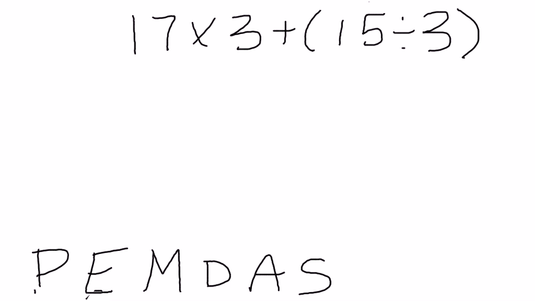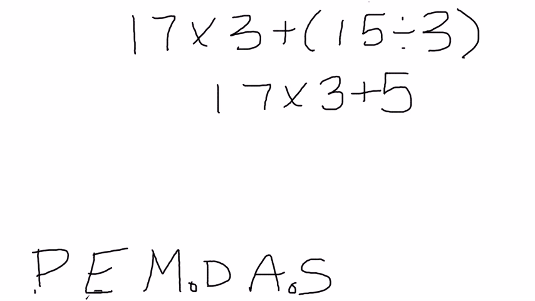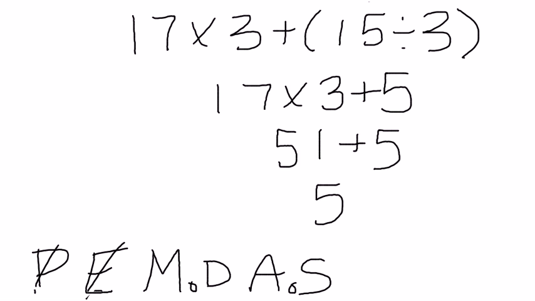So remember, parentheses, exponents, multiplication or division, addition or subtraction. So in our parentheses, we actually have a division problem. So 15 divided by 3 is 5. And remember to rewrite everything here. So 17 times 3, because we have a multiplication, is 51 plus 5 equals 56.